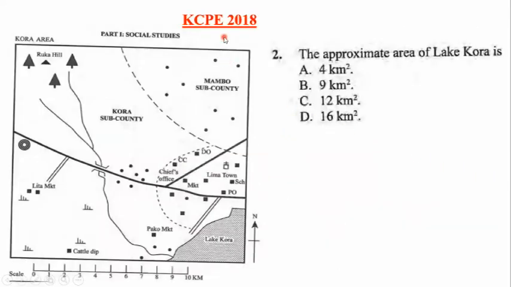Another one, KCPE 2018. They talked about Kora town. The area covered here represents the Kora area. The question was number 2. Again, the question asks for the approximate area of Lake Kora. It is approximate. So Lake Kora is down here. Now, what shape can we say this lake takes? This side can help us identify which shape this is.